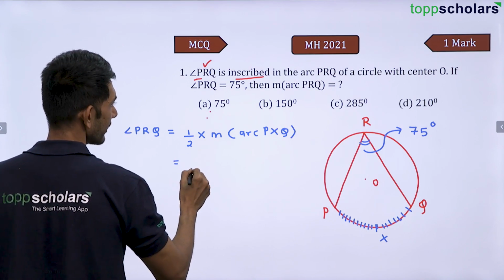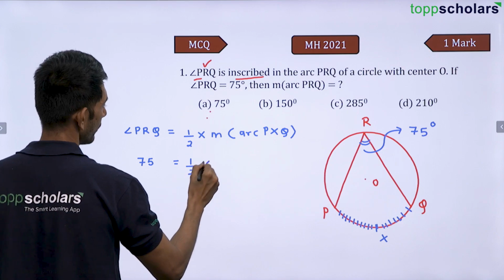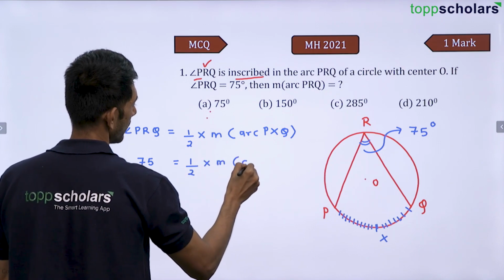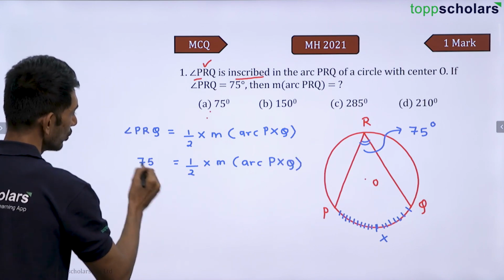So can I say 75 is equal to half of the measure of arc PXQ.